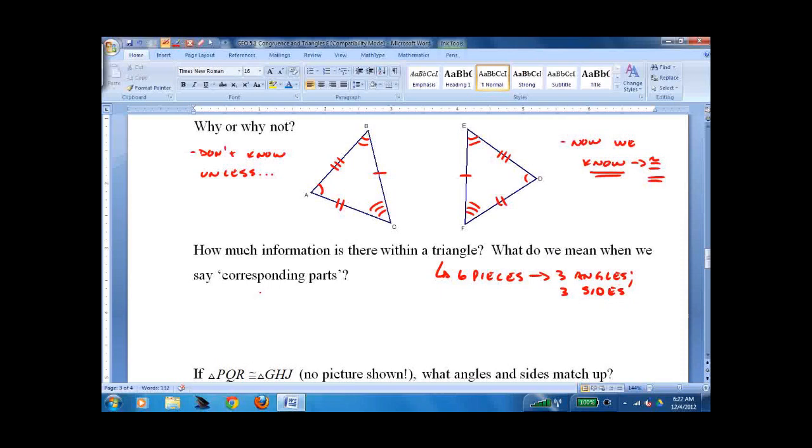So when we say corresponding parts, we mean that triangle ABC is congruent to triangle DEF. Corresponding parts are parts that match up.